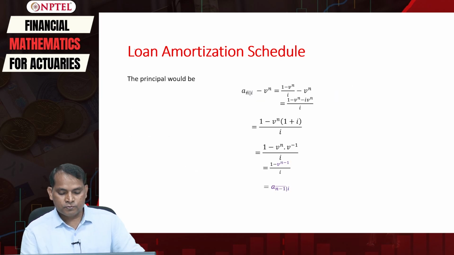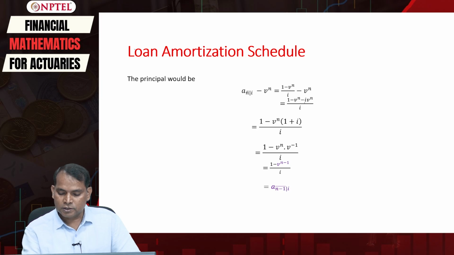The principal would be a angle n at i minus v to the power n, which will become equal to (1 minus v to the power n) divided by i, minus v to the power n. So, taking the LCM, we will get (1 minus v to the power n minus i times v to the power n) divided by i.